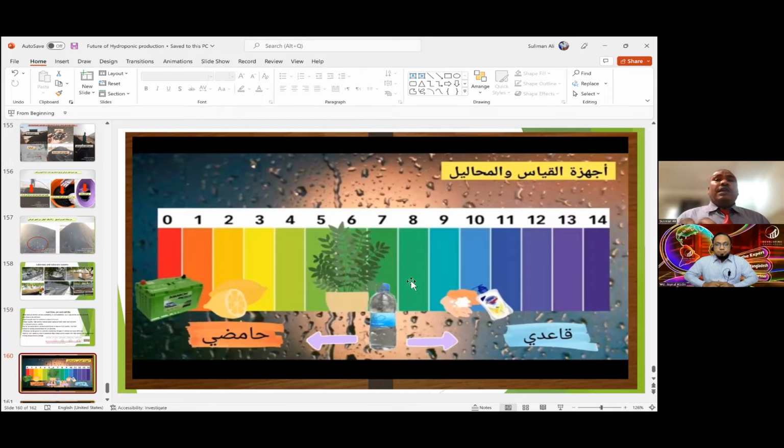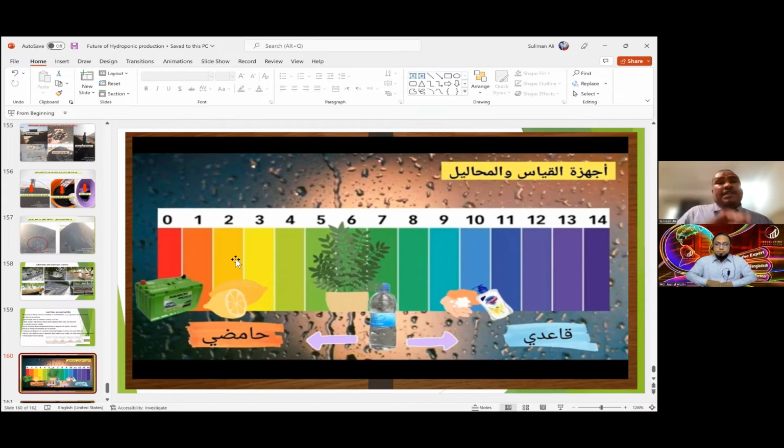Because all the elements will be available for the plant in this range of pH: 6.5 down to 5.8 is a good range for all the elements for the plant. If it goes the other way, it will be salinity, and the water will be like soap, so it's not good for the plant.